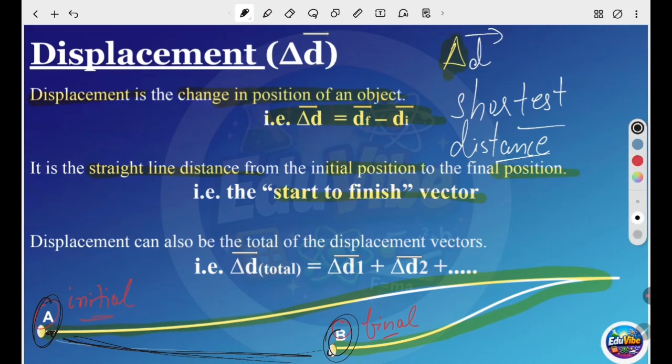For the total displacement of vectors, delta D total is equal to delta D1 plus delta D2, and so on. However many vectors we have, we take those vectors and add them up.